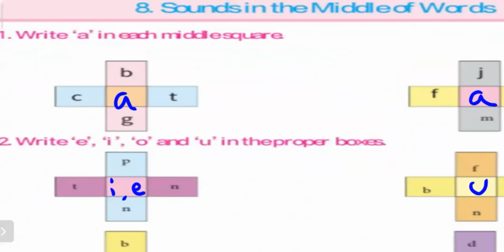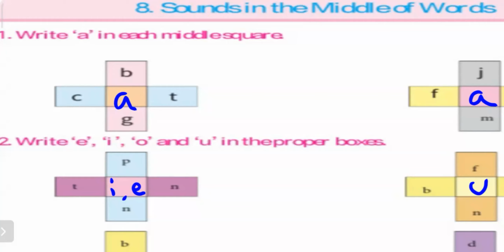See exercise number 1 on page number 9. Write A in each middle square. There two is blank. We have to add their vowel A. So after adding the vowel A, the word formed is B-A-G, bag.